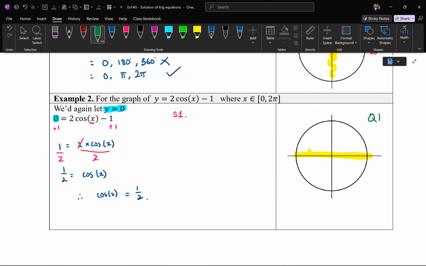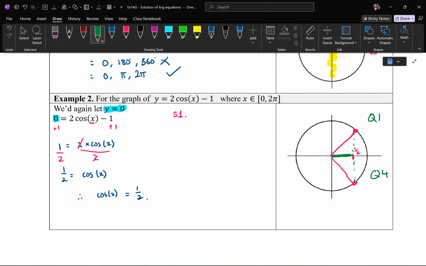This is quadrant 1, 4. This is when x is positive, only on that side. So that means there are two places it could be. It could be here or it could be here. But the point is the x value is half. So the distance horizontally from here to here is half.